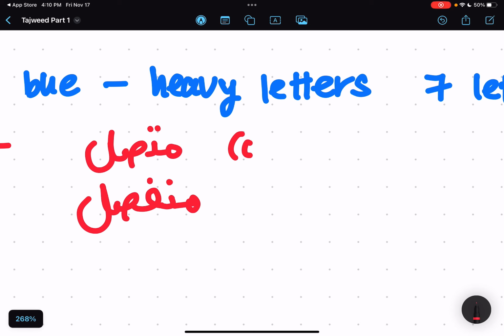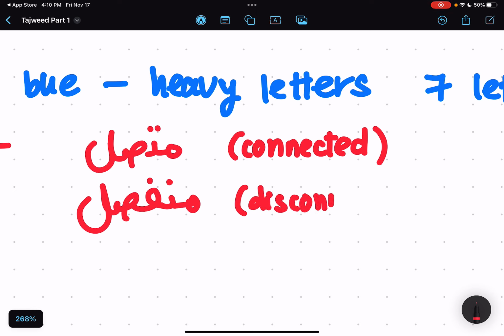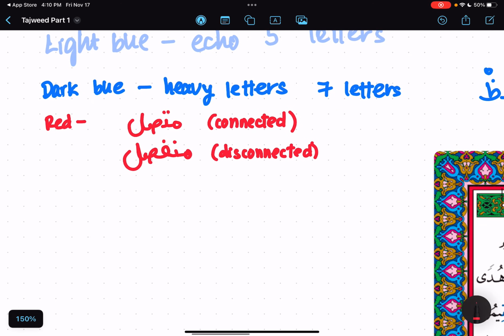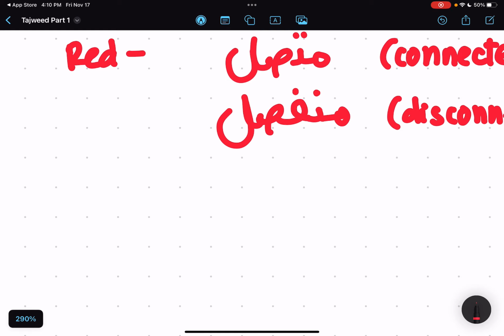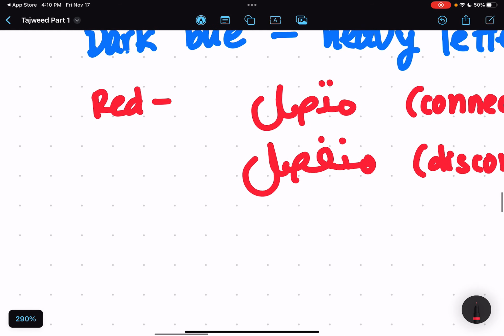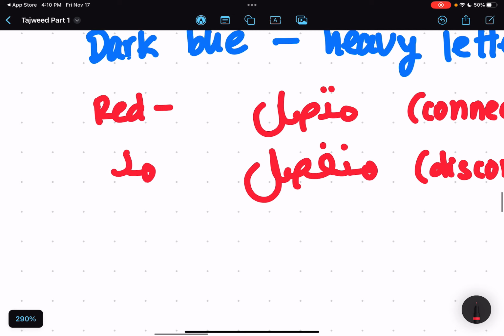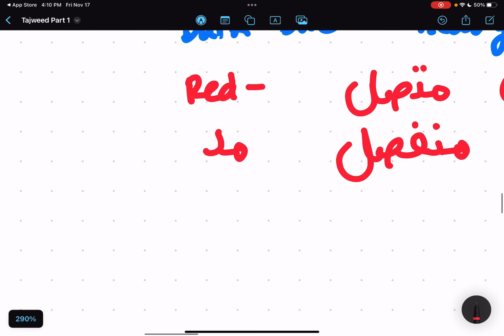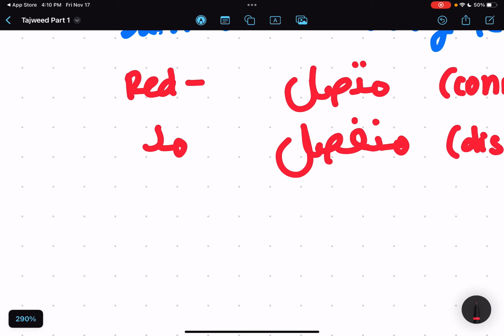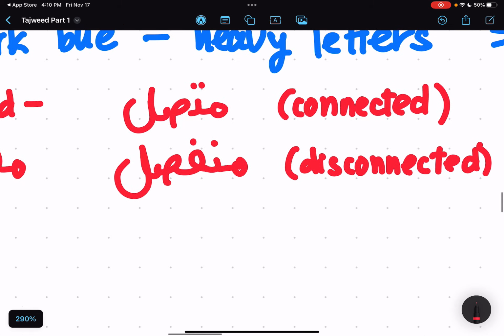Muntasil is connected, and munfasil is disconnected. Still confusing, but we'll get through this. Sorry, I meant to mention that this is a med. It's one of those meds where you have to prolong the pronunciation in order to read it correctly.